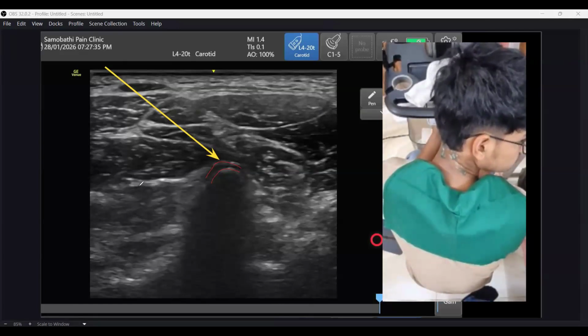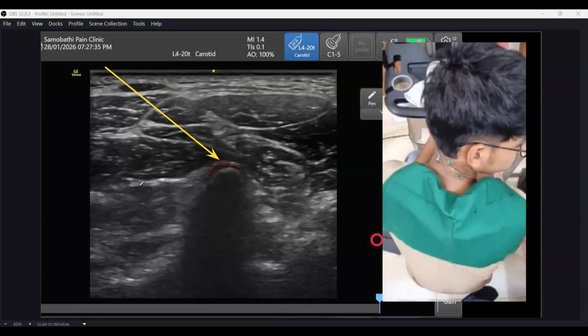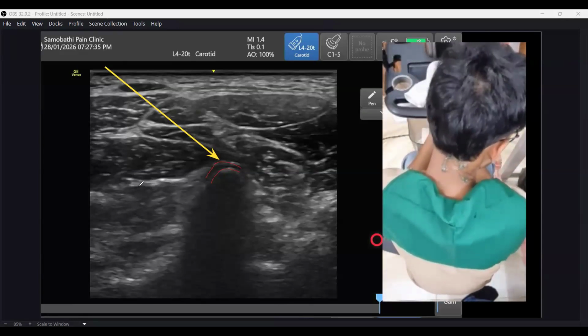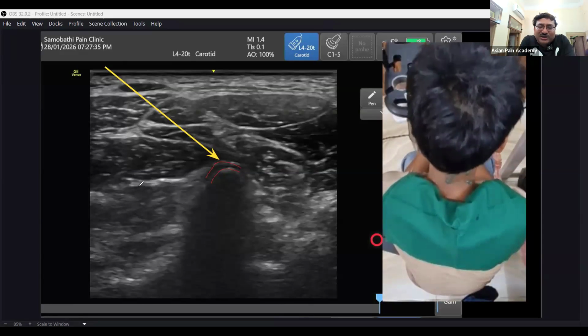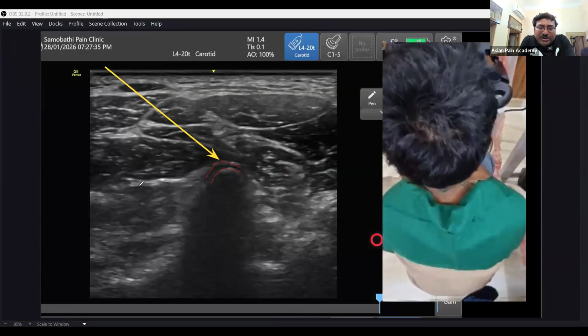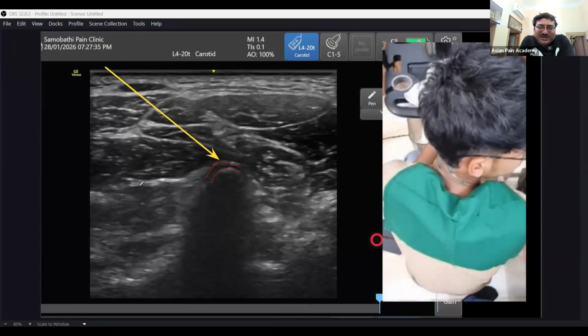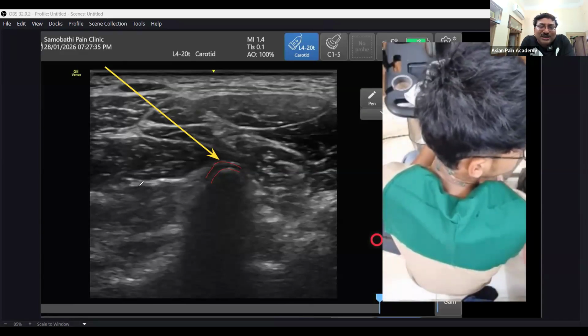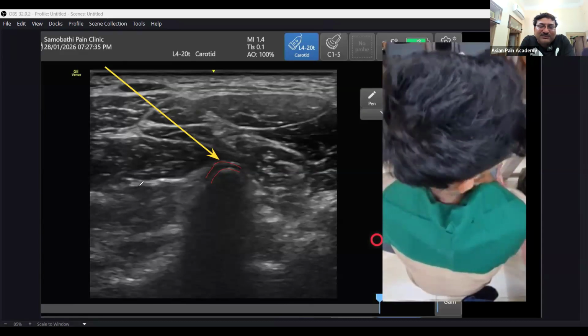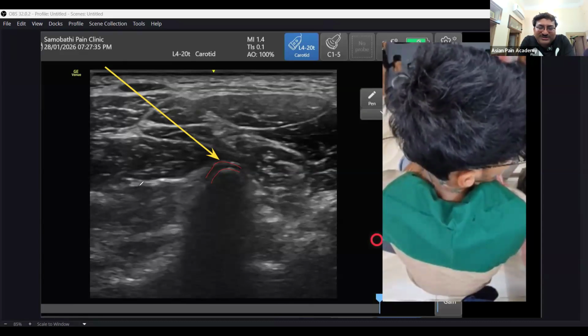Can we put the patient in a prone position or lateral decubitus? Yes. So sometimes what happens, that happens for me also, especially if the patient is aged, the patient is having a lot of stress at that time. Sometimes we have seen patients have a vasovagal attack while doing the procedure in the sitting position.